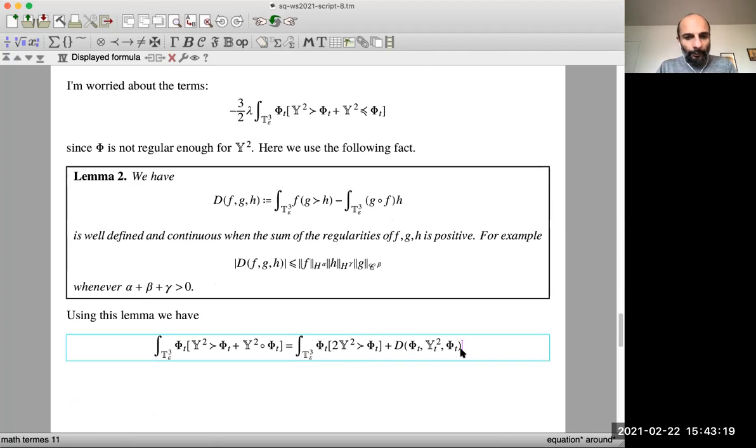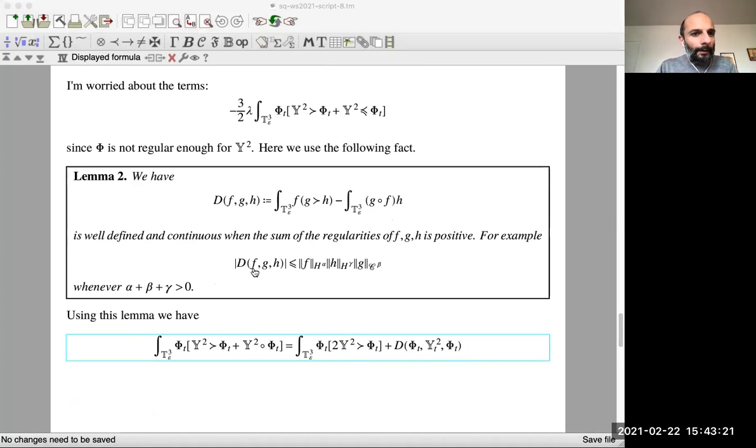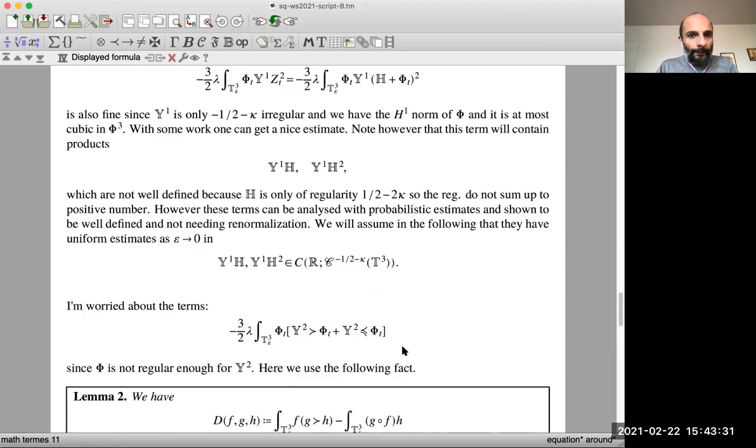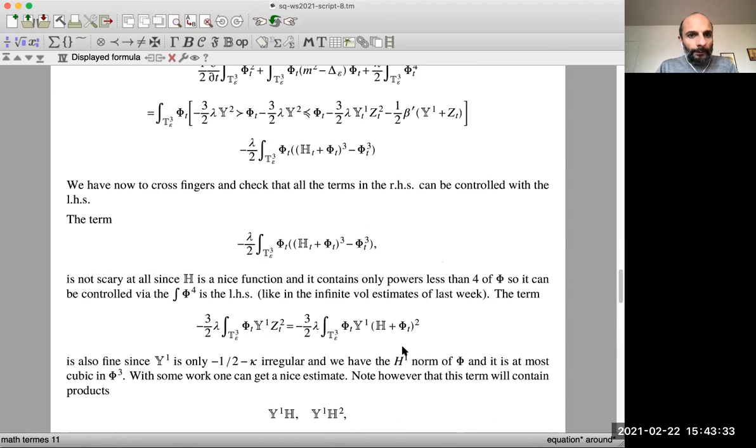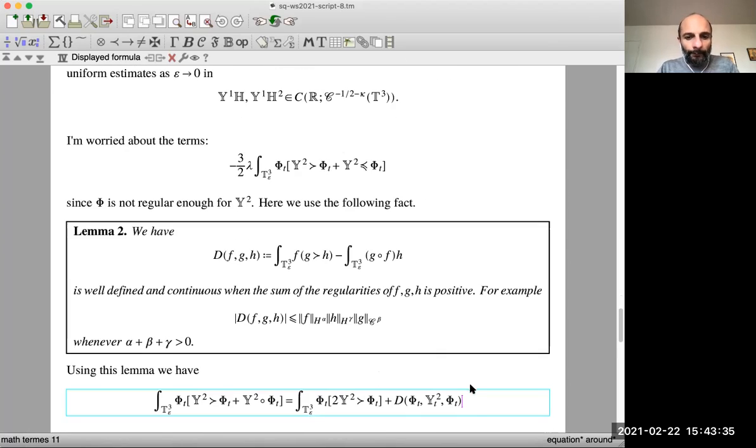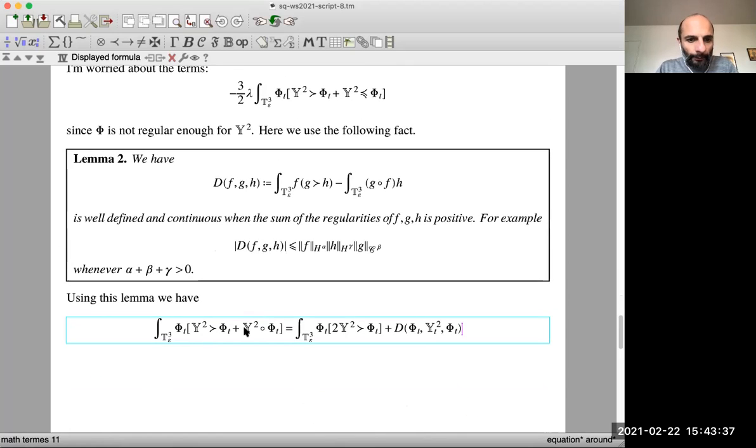No, I think I'm okay. And overall, this allows you to get rid of, you see, you got rid of the resonant product, but you still have the paraproduct, so somehow you still have a problem here, because this is not well defined, okay?